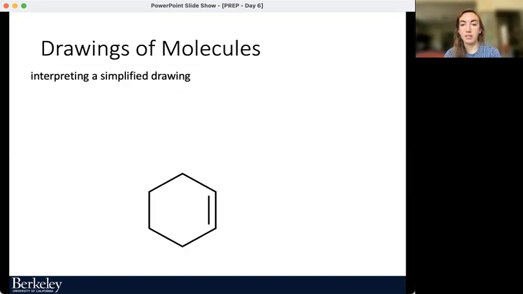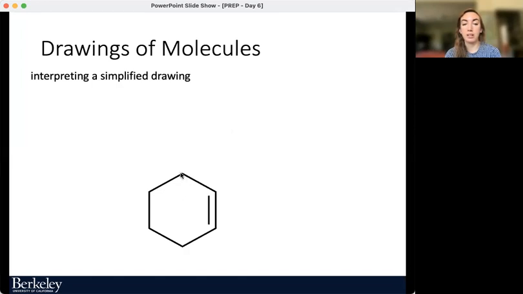Okay, so people seem pretty confident about the number of carbons. So you're right, there are 1, 2, 3, 4, 5, 6 carbons. Anywhere that a bond ends without us showing what atom it is, that's a carbon. And then the hydrogens are a little more confusing.